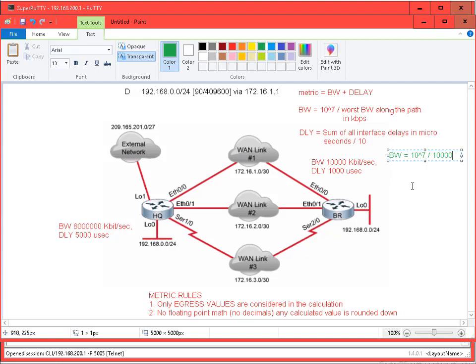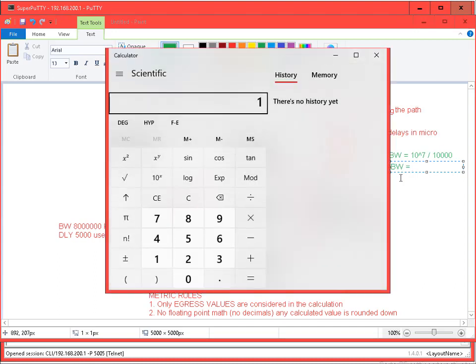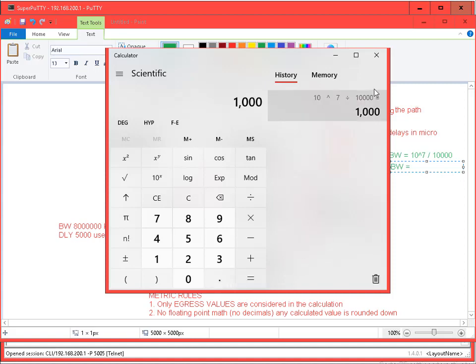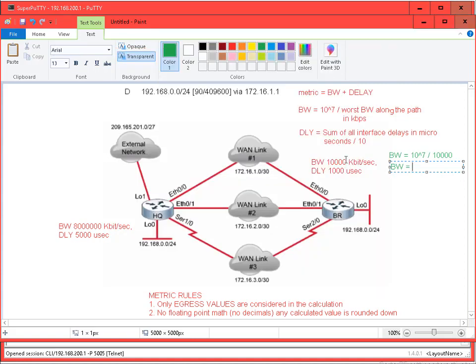So the bandwidth portion of our formula is 10 to the power of 7 divided by 10,000, which equals 1,000. Probably could have done that in my head, but maybe not. So we've got our bandwidth calculation.